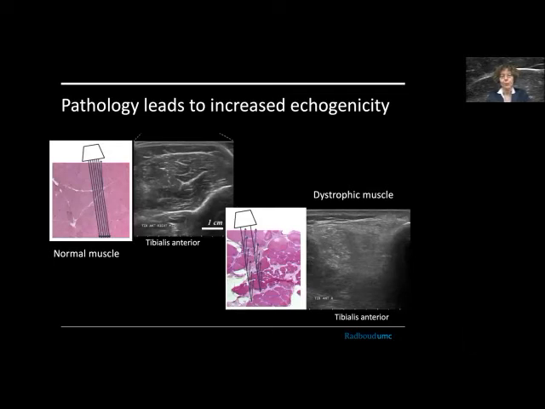to become interspersed with other tissue types, such as fat and fibrosis. And this will give you a lot of tissue transitions where the ultrasound is reflected back to your screen. So all these tissue transitions, as shown on the lower right there, will end up giving you a lot of white pixels and hence a very echogenic muscle.